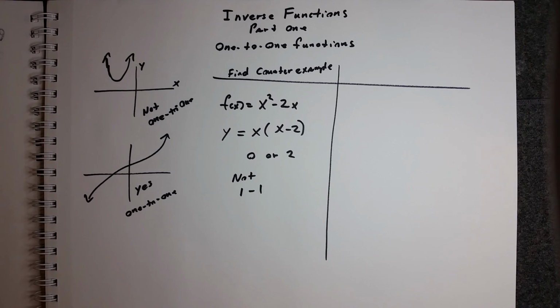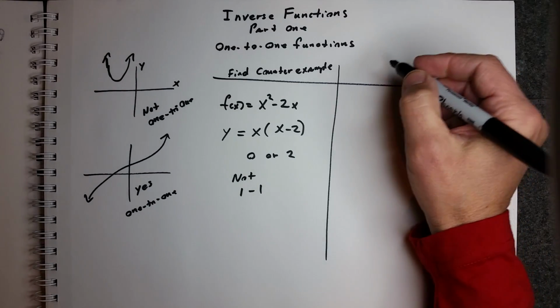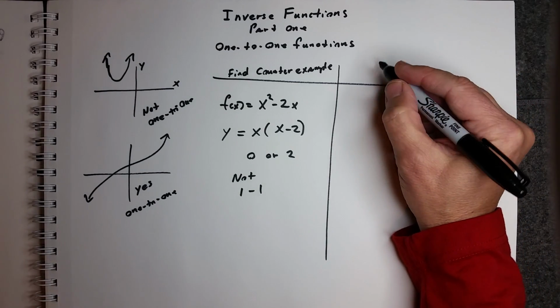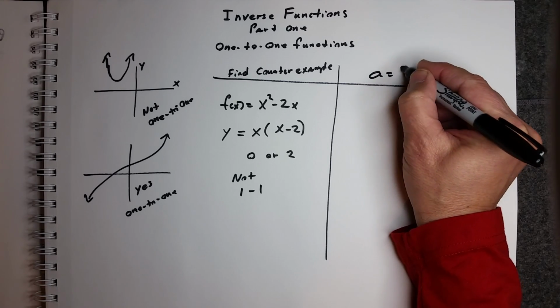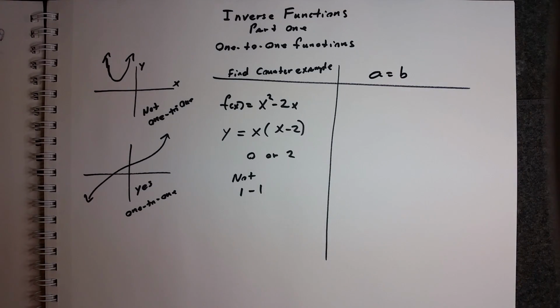Okay, there's another way, and it's a little more rigorous. I guess you could say I maybe like it better. But it works something like this. I'm just going to call it the A equals B method. Okay?